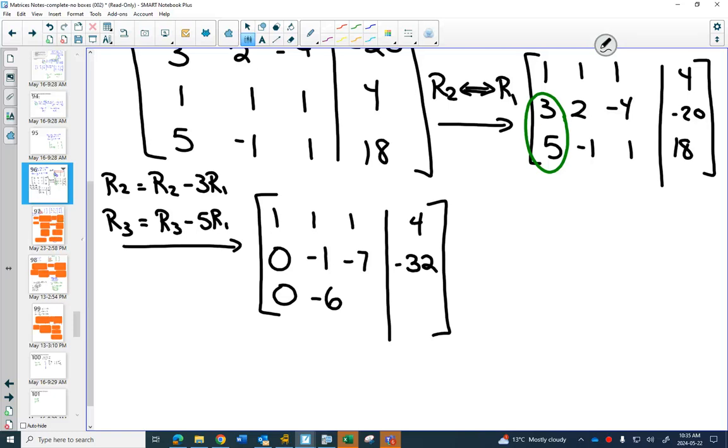I would take the 1 and subtract 5, that will give me negative 4. And I'll take the 18 and subtract 20, that will give me negative 2.